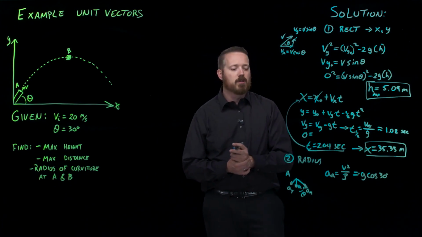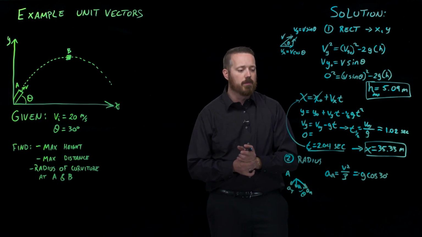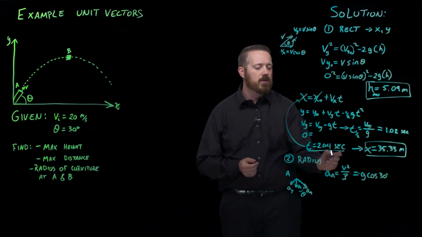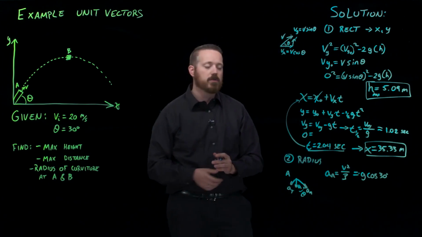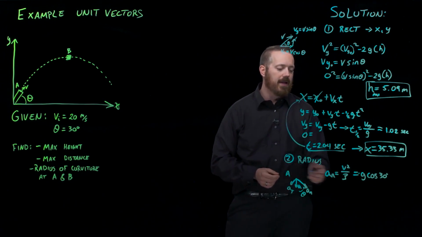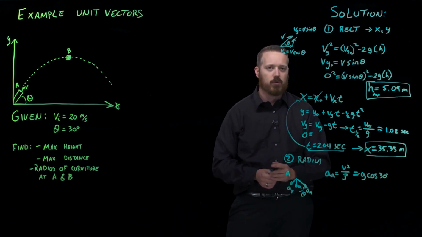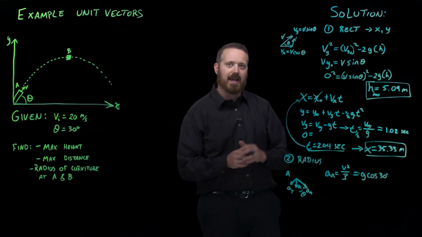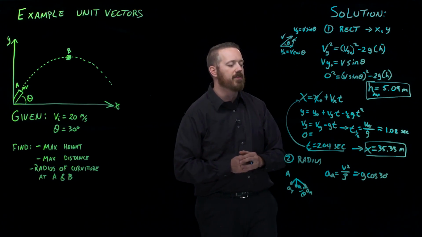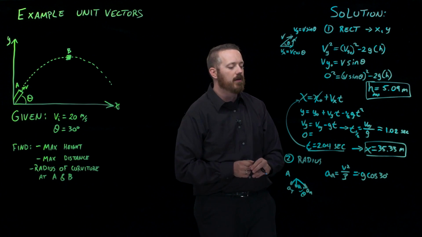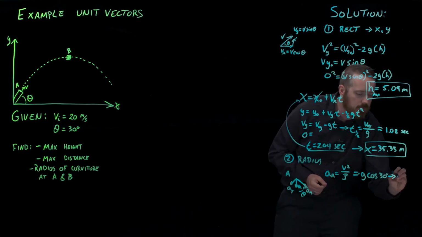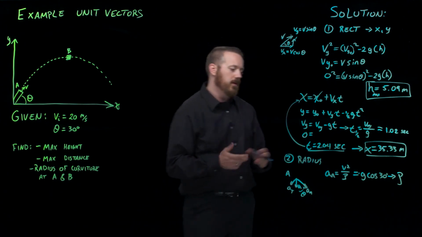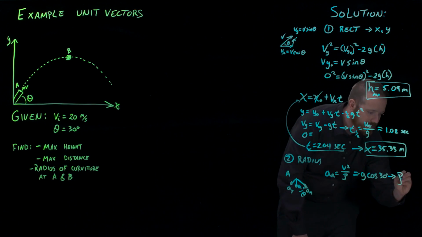So notice what's powerful about the tangential and normal components is that if we know velocity, then we can find these things pretty easily. So velocity as an input is known, so that's 20 squared. And then our normal component of the acceleration is the gravity, but only an angle portion of it, cosine 30 portion of it. And that allows us to find out a radius of curvature, rho, that is equal to about 47 meters. It's 47.08 if we want to be specific.